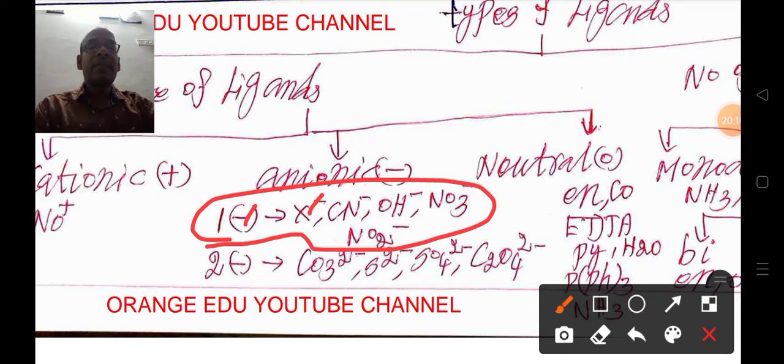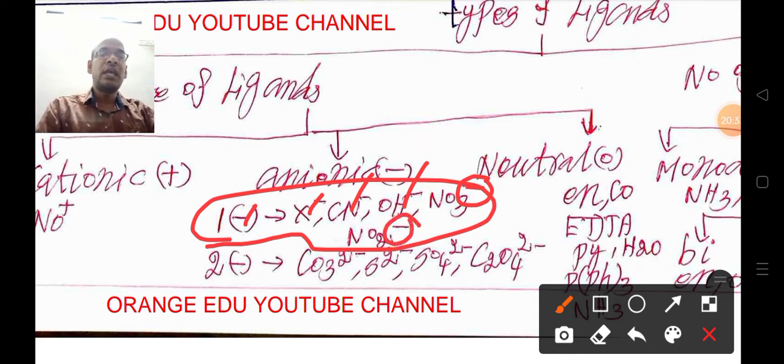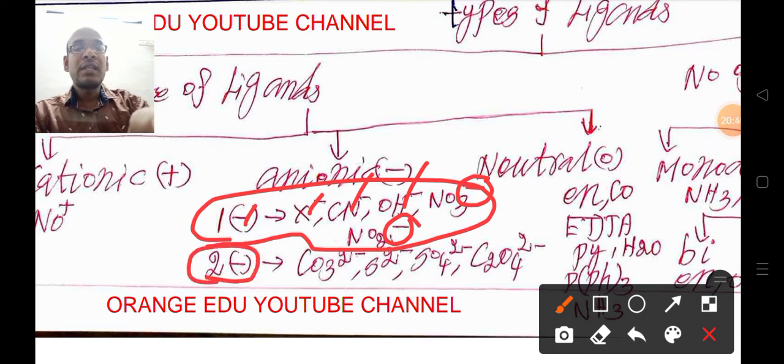These are simply -1 charge, like cyanide -1 charge, hydroxide -1 charge, nitrite NO2 also has a -1 charge, nitride also has a -1 charge. -2 charge ligands are carbonate, sulfide, sulfate, oxalate.